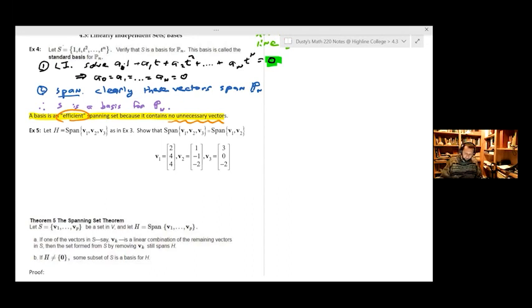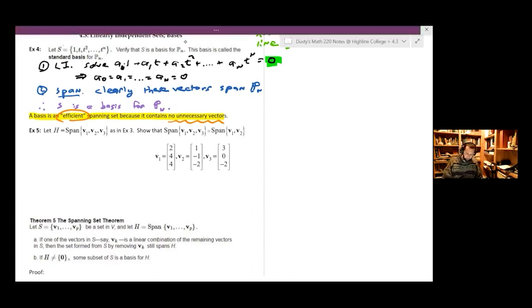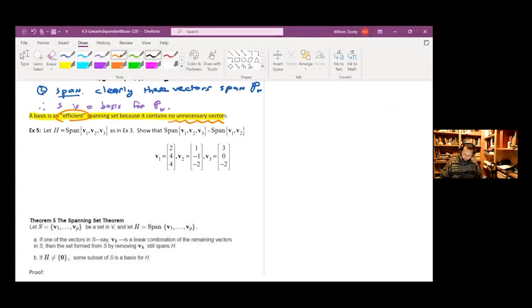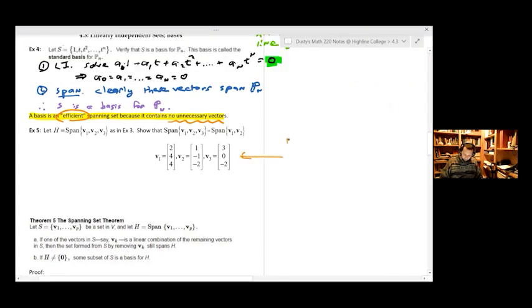And I'd like to begin this by asking that you recall that we already showed that V3 was equal to a half V1 plus 2 V2.